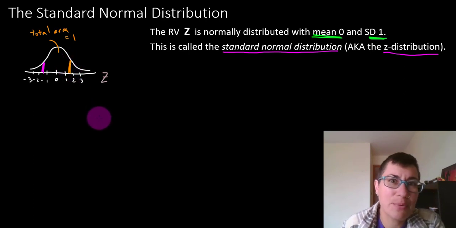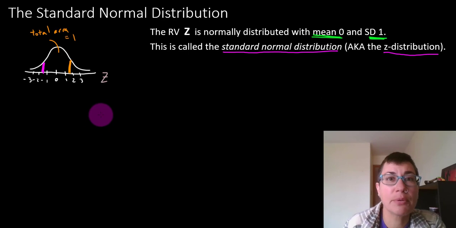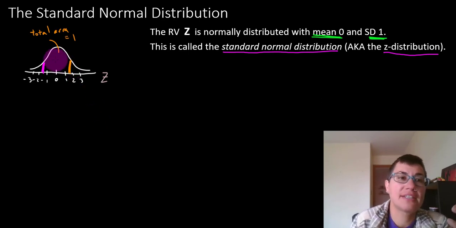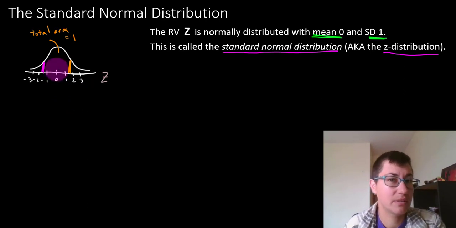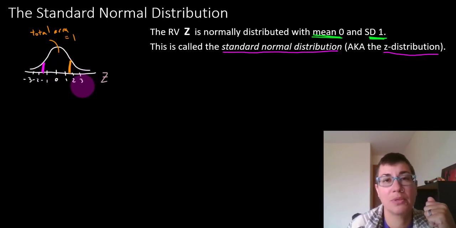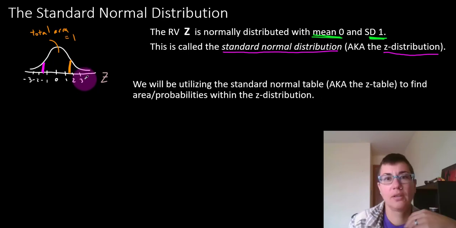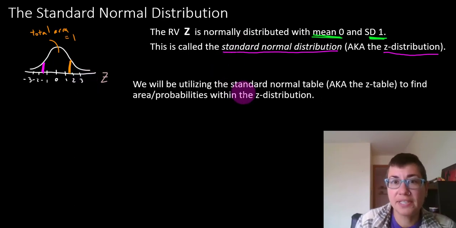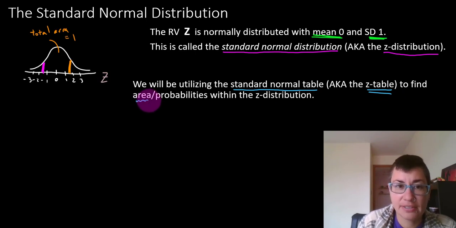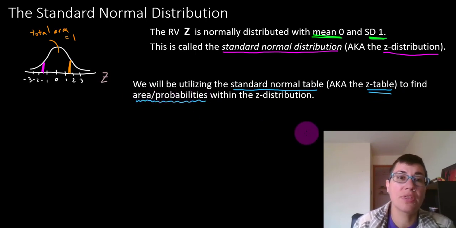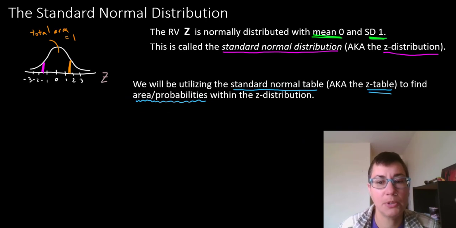So well that we have a table that will give us the area for just about any region we want under this curve, for any variable that is normally distributed. So we will be using this standard normal table, I sometimes call it the Z table, to find area or probabilities within the standard normal distribution.